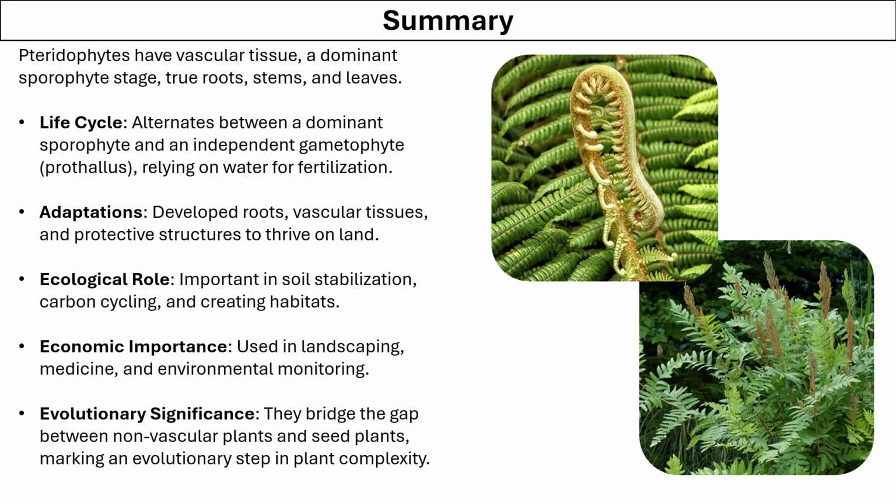Pteridophytes are important in stabilizing the soil, for the carbon cycle, and for creating new habitats. They are extensively used in landscaping, medicine, and in environment monitoring. They are an important bridge between non-vascular plants and the seed-bearing plants, which we'll study in the coming lecture.